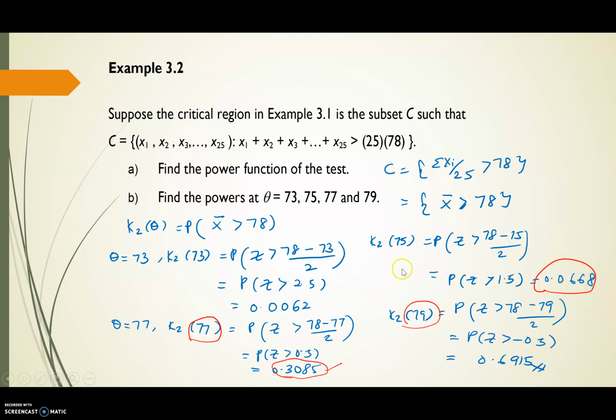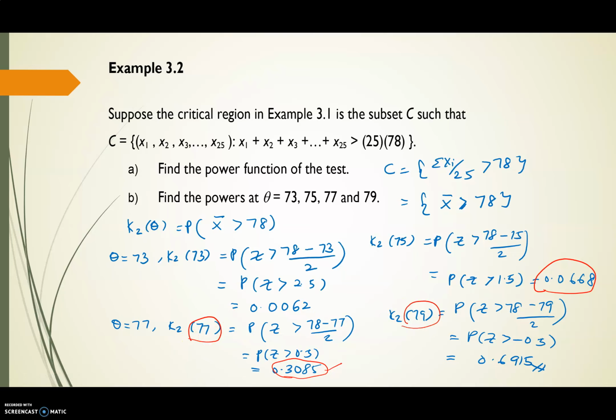That means if we reject the null hypothesis when H0 is true, we only have a smaller probability compared to the previous test. So comparing test 1 and test 2, test 2 is better than test 1.